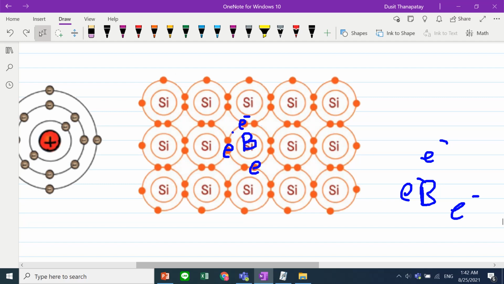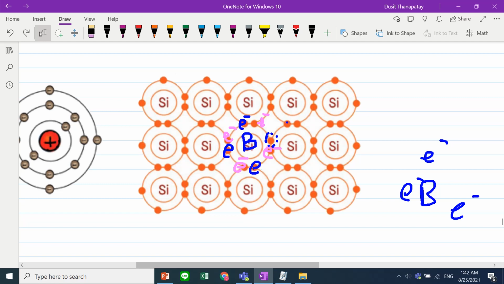That means there are 1, 2, 3, and 4, totally 7 valence electrons around this. It lacks one electron to complete 8 valence electrons around.